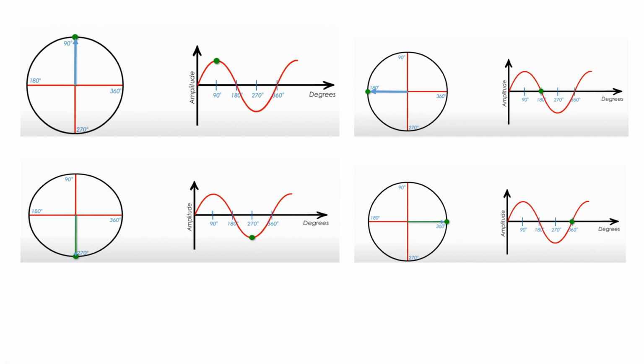So first, specify the location of a point on the wave cycle. The location on the wave can be specified as an angle, in either radians or degrees.